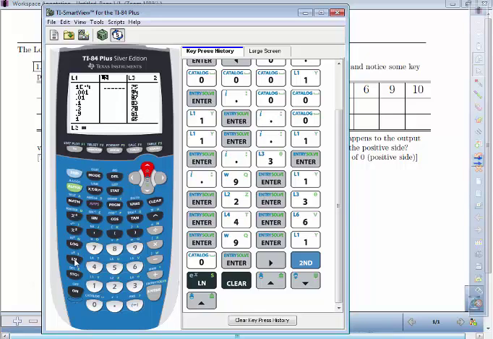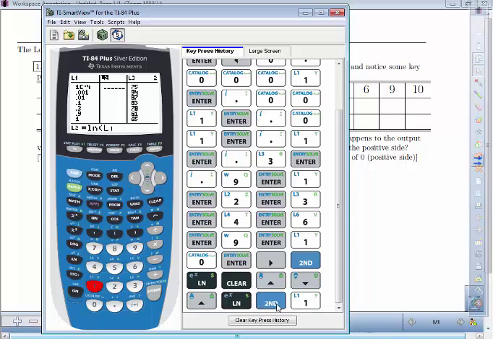And then now you hit the LN button, and then now you have LN open parentheses, and you're going to put in your x values, but your x value is a whole list. So you're going to put in L1. Okay? From where?